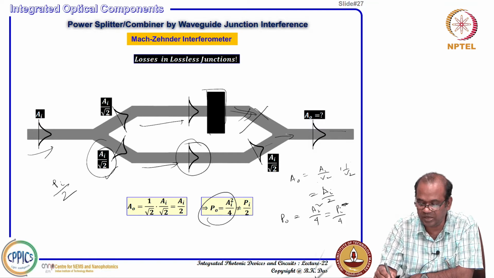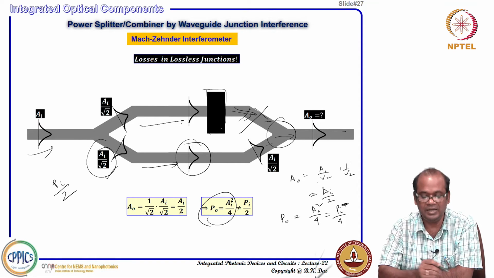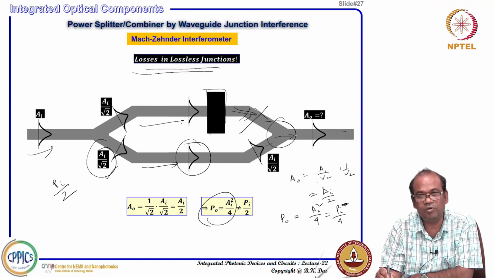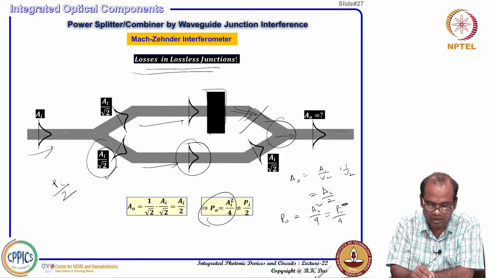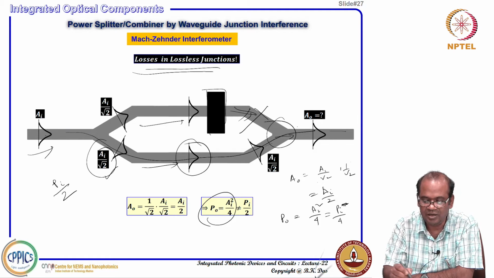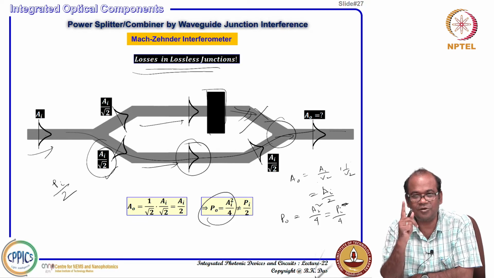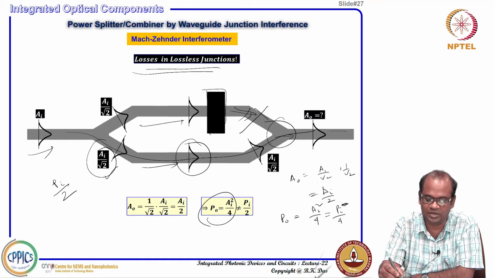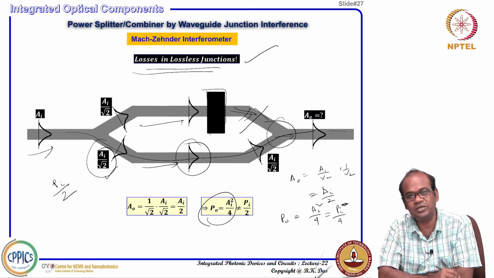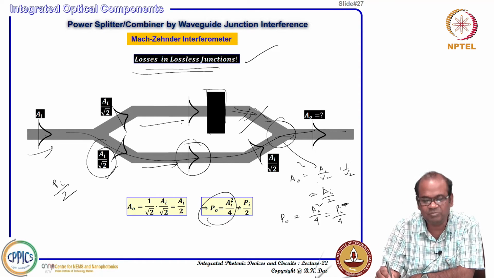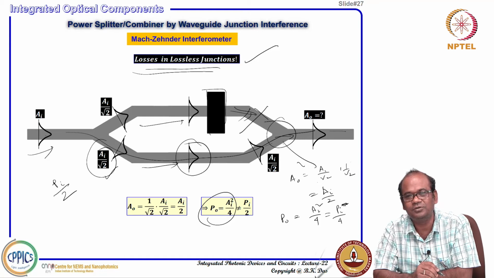That means something is being lost here, and again we say that this is a lossless Y junction. But you have the field coming here, and when it is adding here you see the power is halved. So that means there are losses in a lossless Y junction; that is what I meant. You have losses in a lossless junction. So something is happening: 50% of the power is lost here somehow.